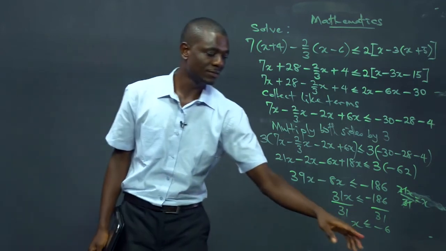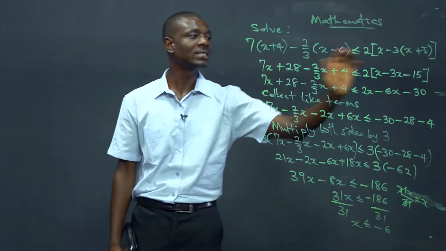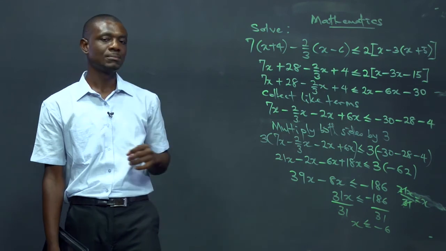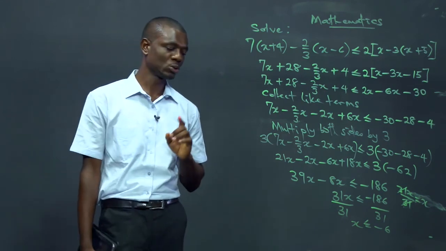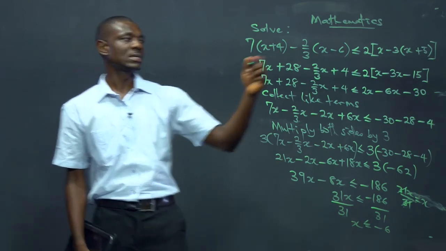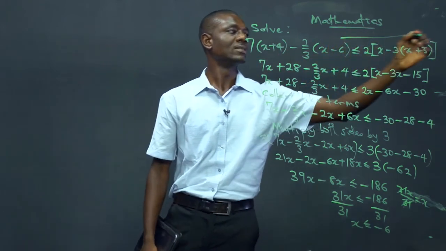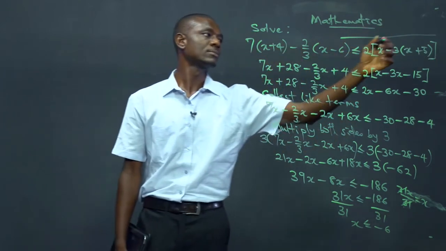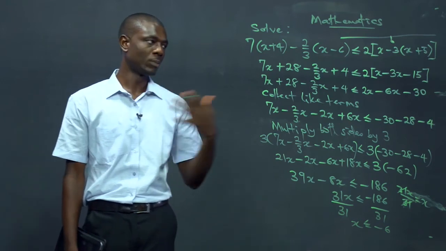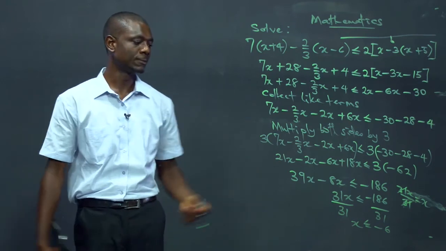What this means is that the values of x that will satisfy this inequality will always be smaller or equal to minus 6. That's what it says. Inequalities can always be represented on number lines. A number line is a pictorial representation of numbers on a line.